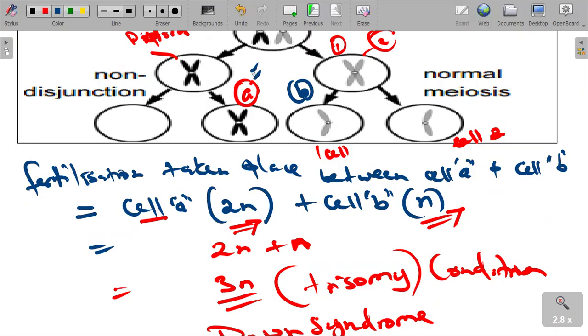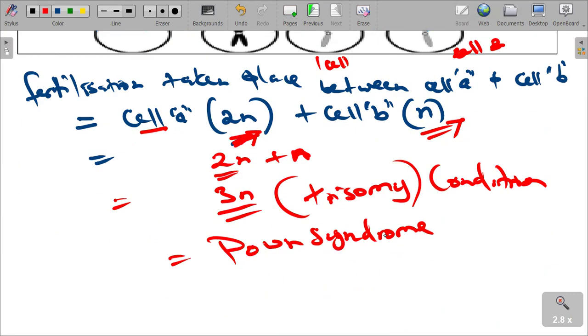Cell A is the one that did not separate, and it came with its full set of diploid contents. When it came with the diploid content like that, 2N was added to N. Therefore, we ended up with 3 sets of chromosomes in this zygote.